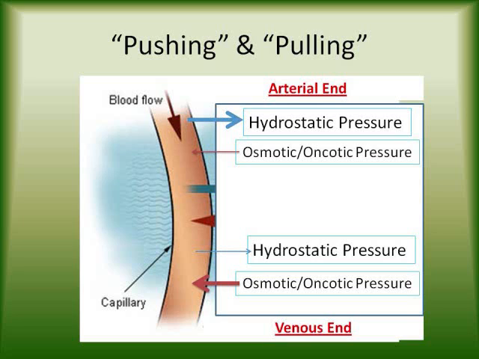On the arterial end, there's a lot more fluid. The hydrostatic pressure is pushing fluid out more than stuff is getting pulled in, so that the fluids can get to the tissues. The osmotic pressure at the bottom, the venous end, is pulling those fluids back in.